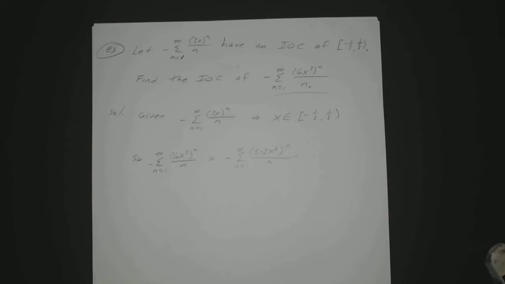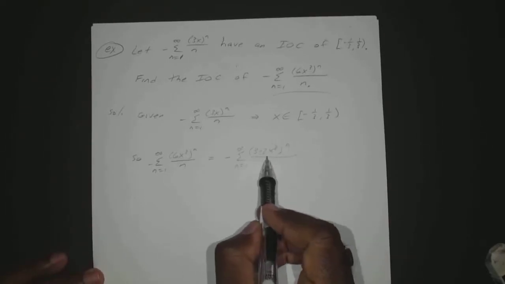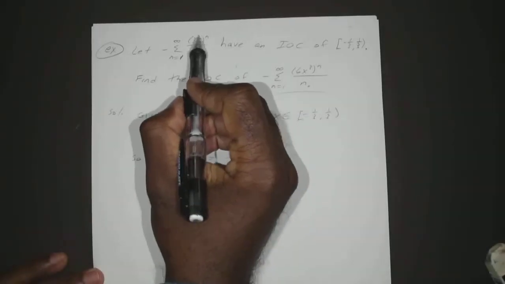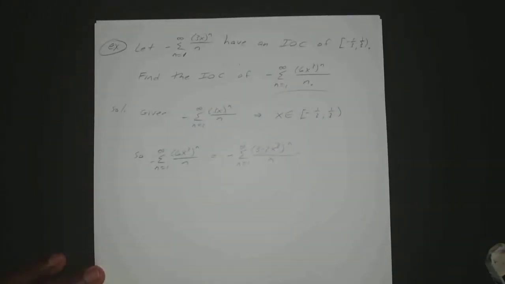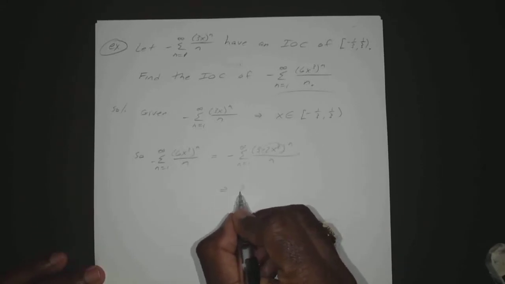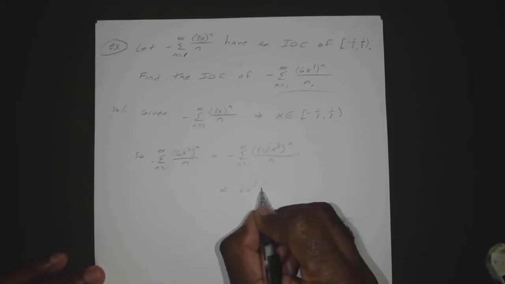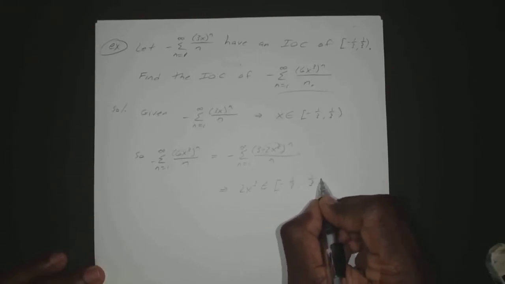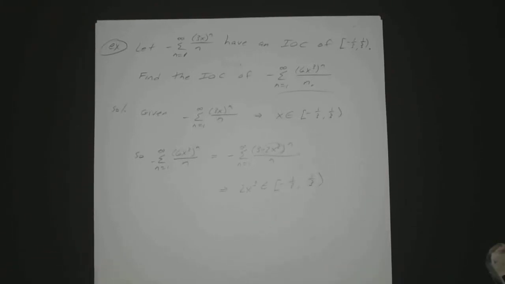Okay. So really the only difference here is you have 3 times 2x to the third and 3 times x there. So that means in this case, 2x to the third would have to be an element of negative 1/3 to 1/3. Okay.